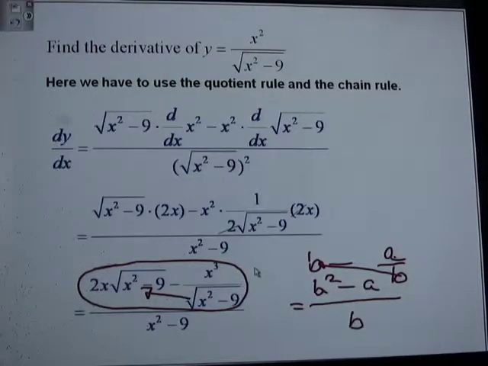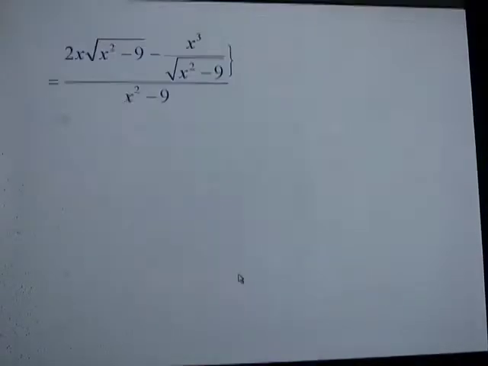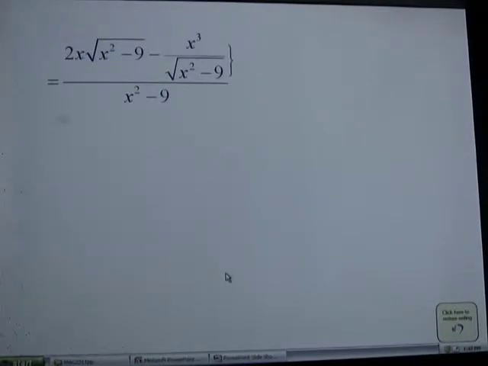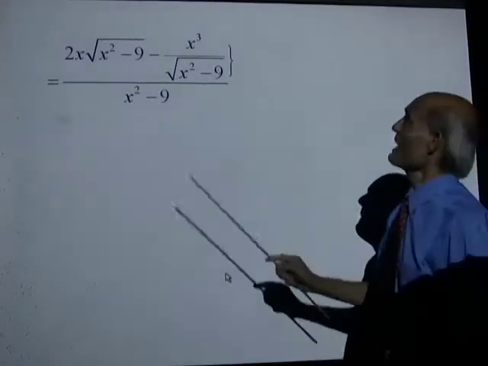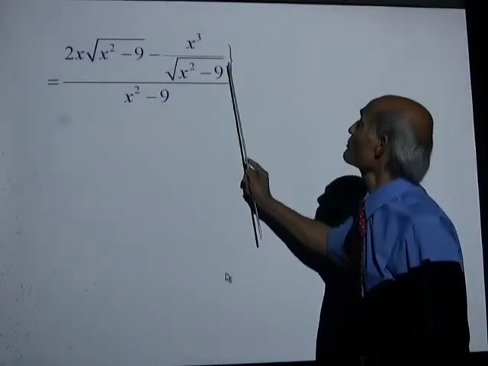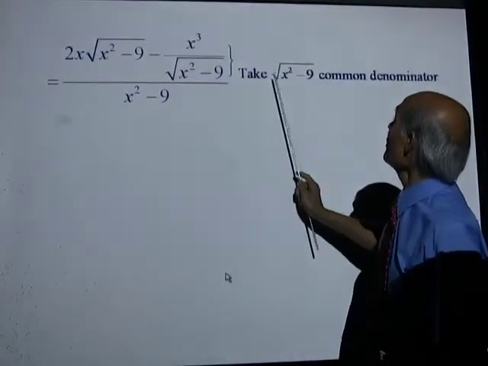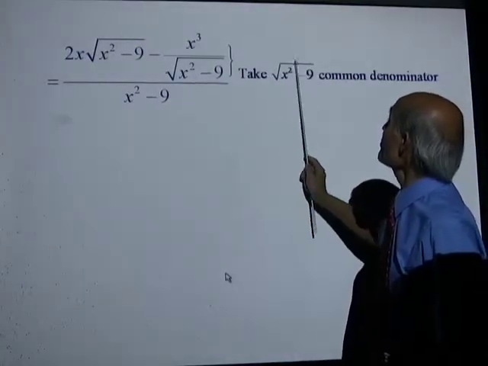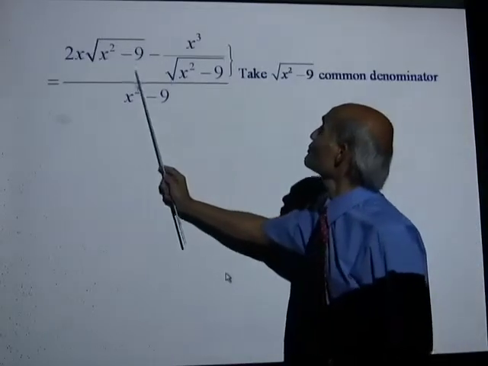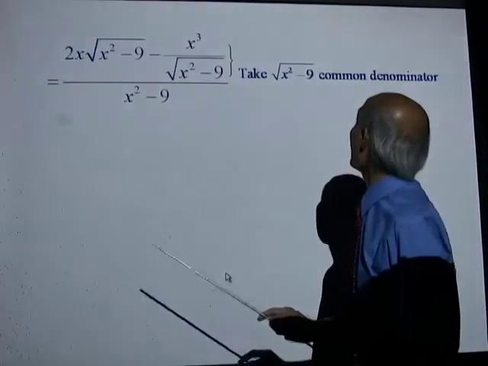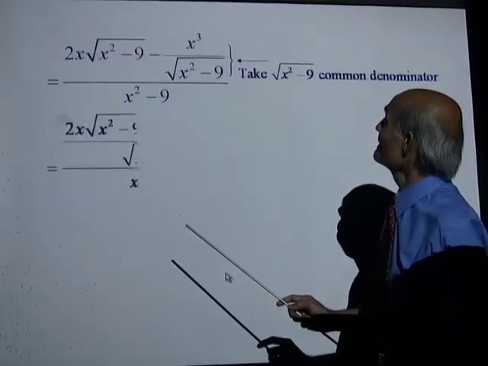Let's go and do the next step then. Let's simplify this. I have put the braces here showing that we're going to simplify that. So take x square root of x squared minus 9 as the common denominator on the numerator there.